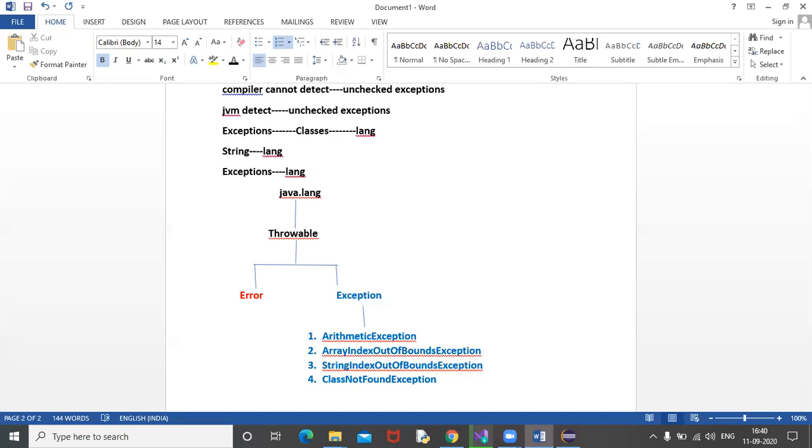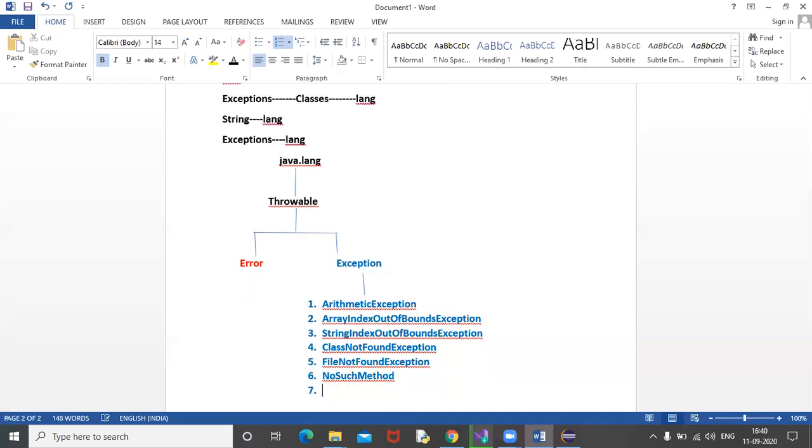The remaining you can go through the API, and I can discuss a few things. File not found exception is also there, and no such method exception is also there. Like this, so many are there. With time I will discuss all these things.